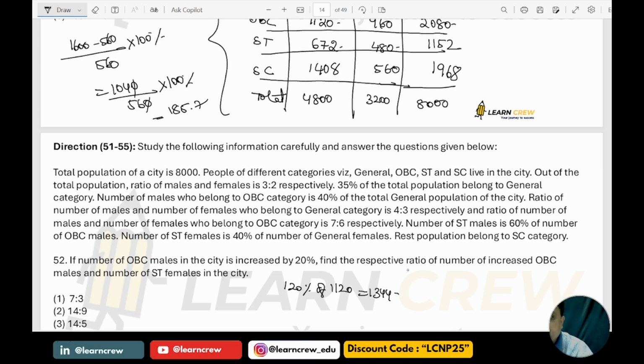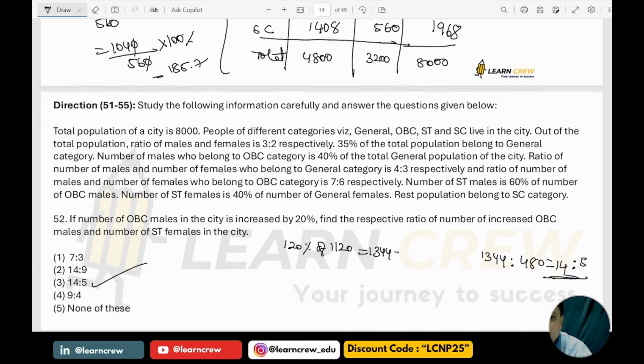Then find the respective ratio of the increased OBC males, 1344, to ST females, 480. So what is the ratio here? 96, 14s and 5s. 14:5 is the answer.